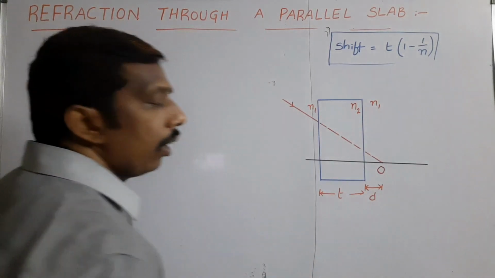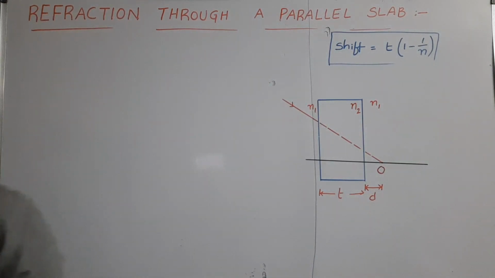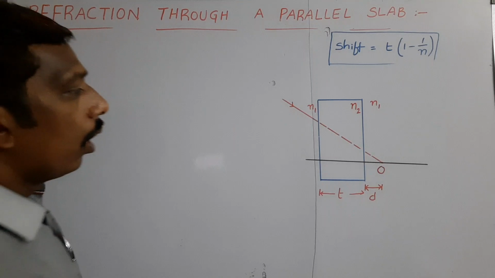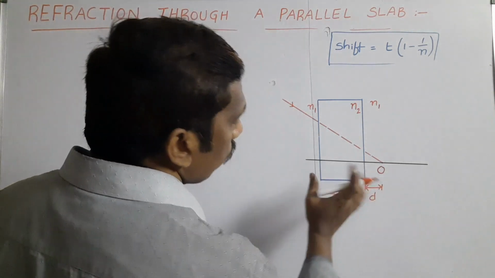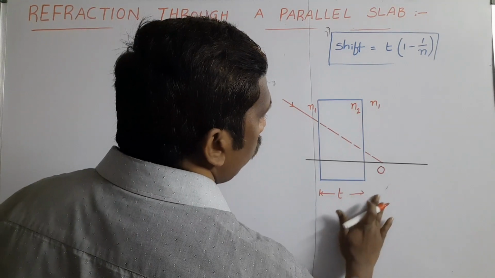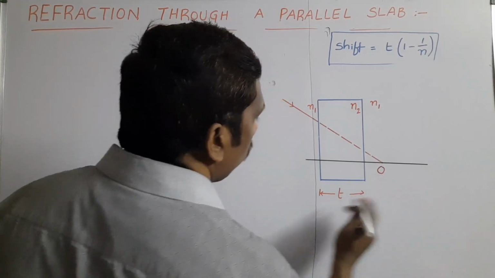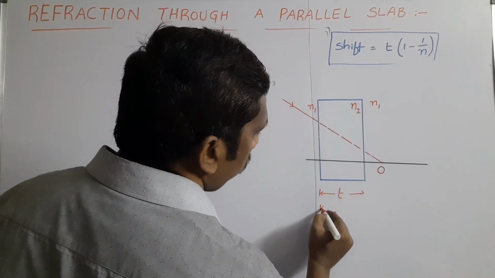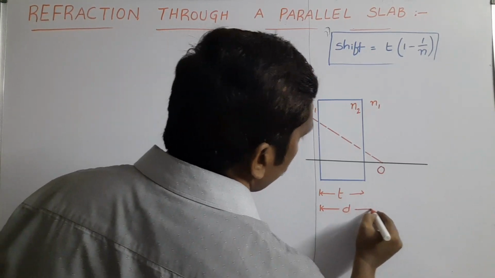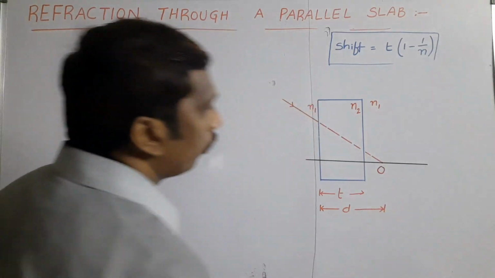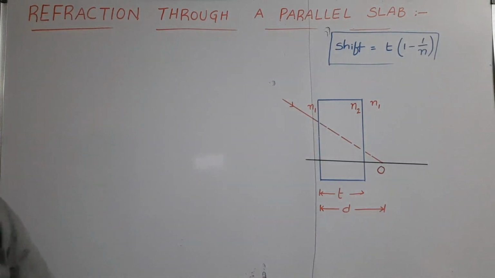The object is at a distance of d meters from the first surface. So first we take the object at distance d meters from the first surface, where its image is formed.